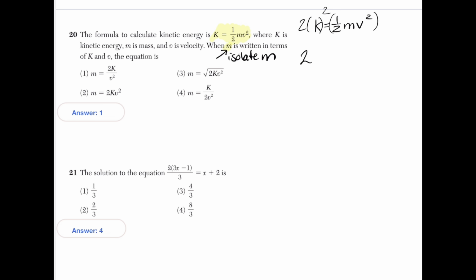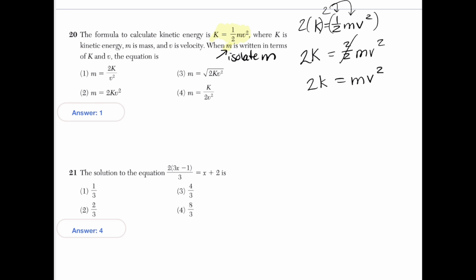So on the left side, I get 2k. And on the right, when you multiply, you get 2 over 2, which is the same as 1. So now I only have mv squared. And I like that. So 2k is equal to mv squared.